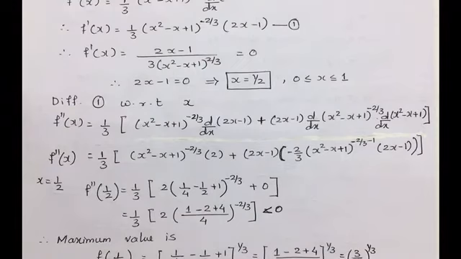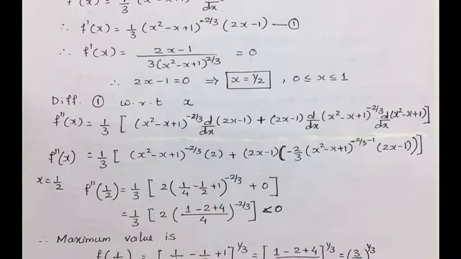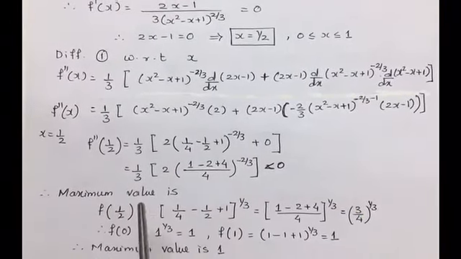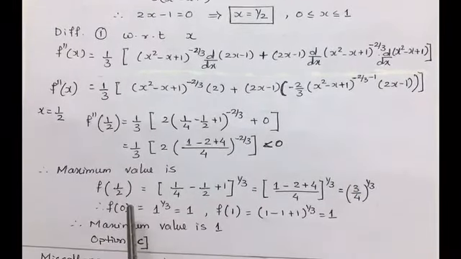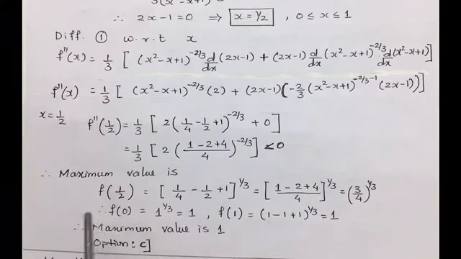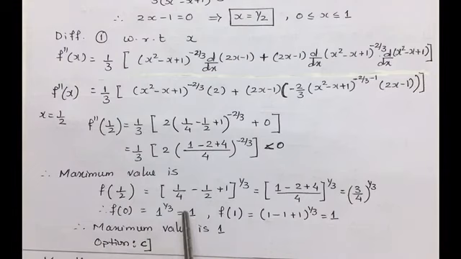Therefore, the maximum value is, keeping the value of x equal to half in fx, we will get for x square as 1 by 4 minus for x it is half plus 1, raised to the power 1 by 3. Calculating it by taking LCM, we'll get (3 by 4) raised to the power 1 by 3.